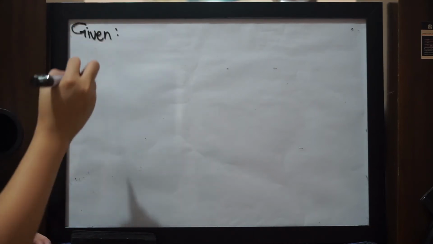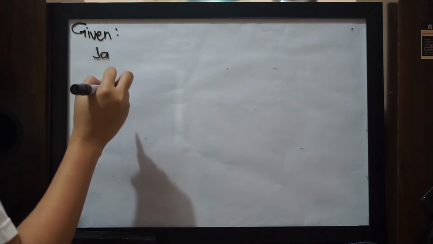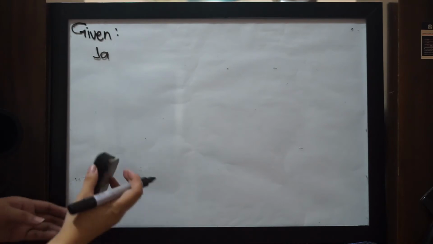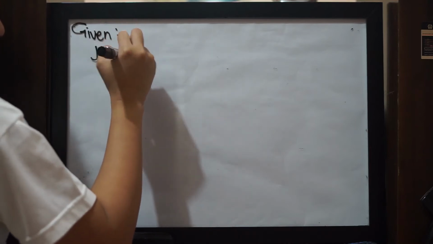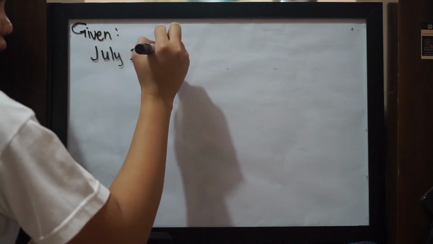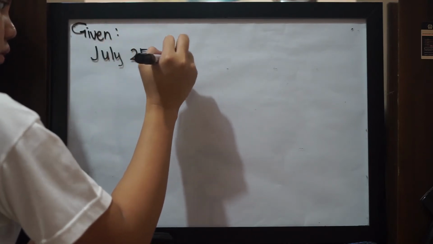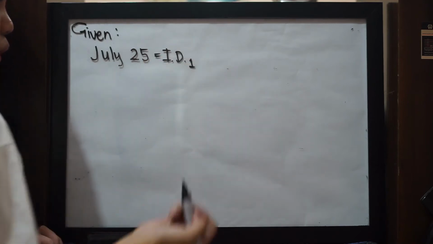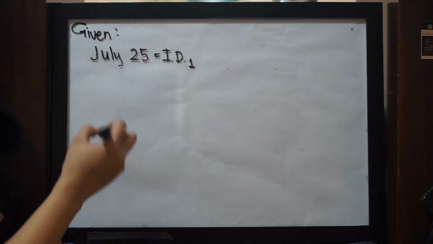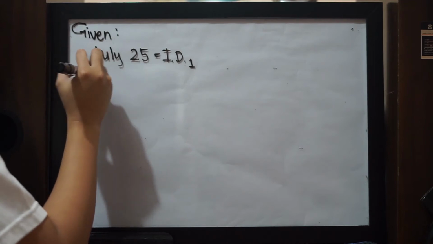So, for the given, medyo madami tayong given. Kasi we have 3 scenarios for problem number 4. Yung first invoice natin is dated July 25. This is our ID na lang, ID sub 1 or yung first invoice date natin.